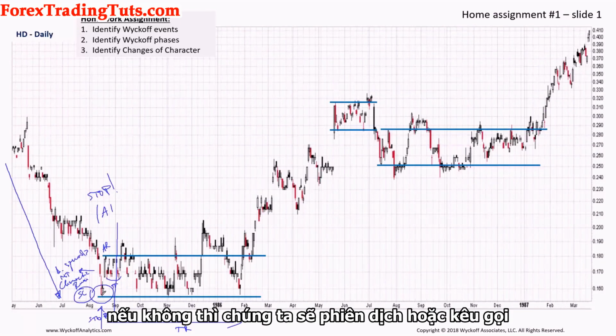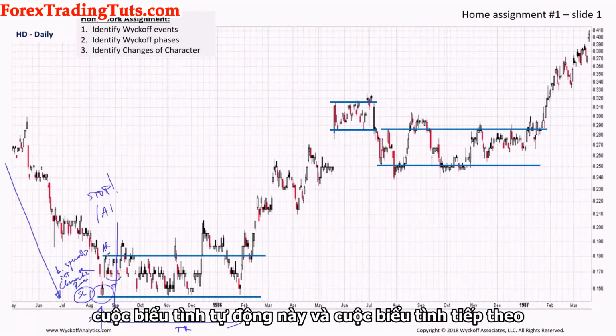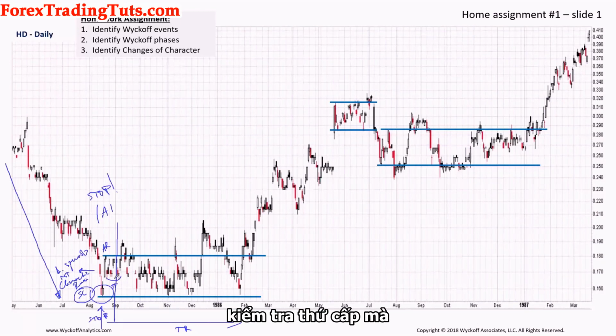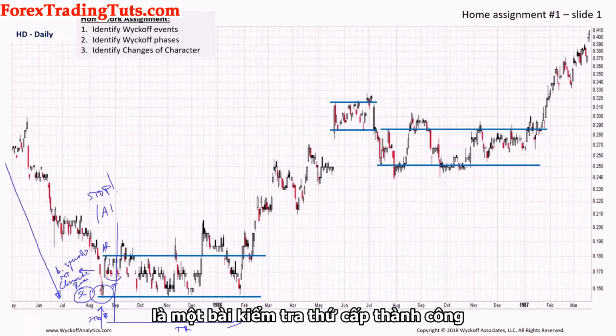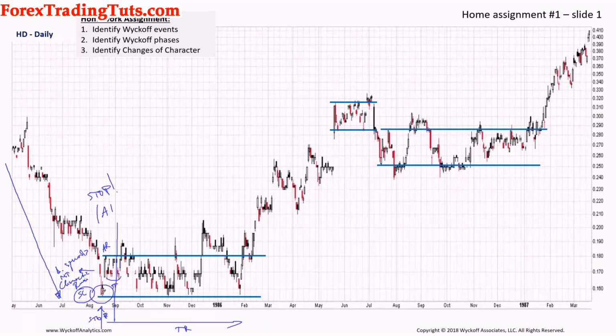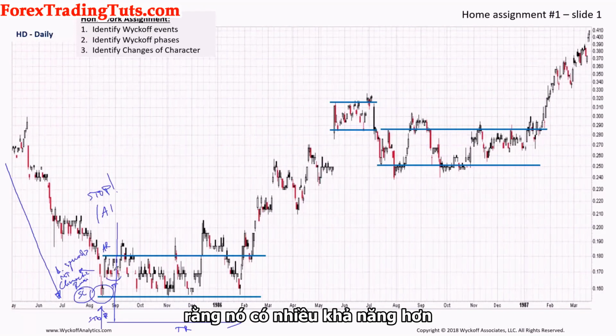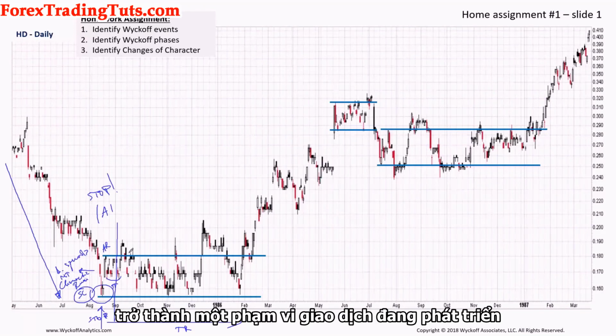Excellent. How else would we be interpreting or calling this automatic rally and the subsequent secondary test that is a successful secondary test? The secondary test and the automatic rally would have volume signatures that would suggest that it's more likely to be an evolving trading range.